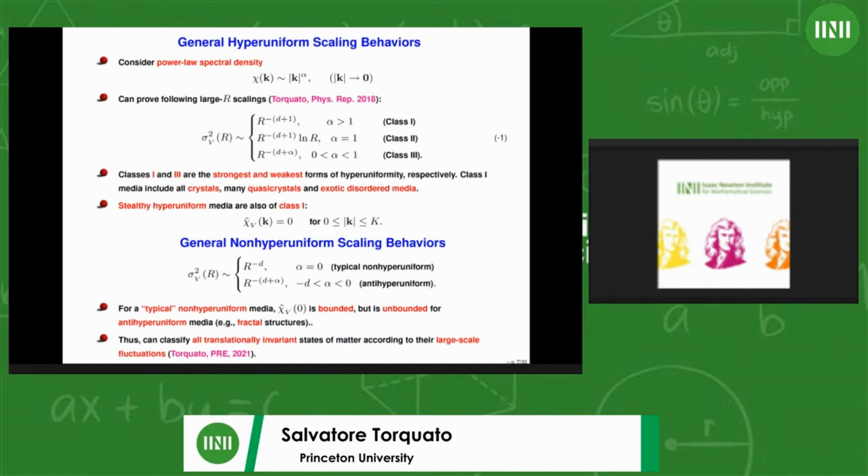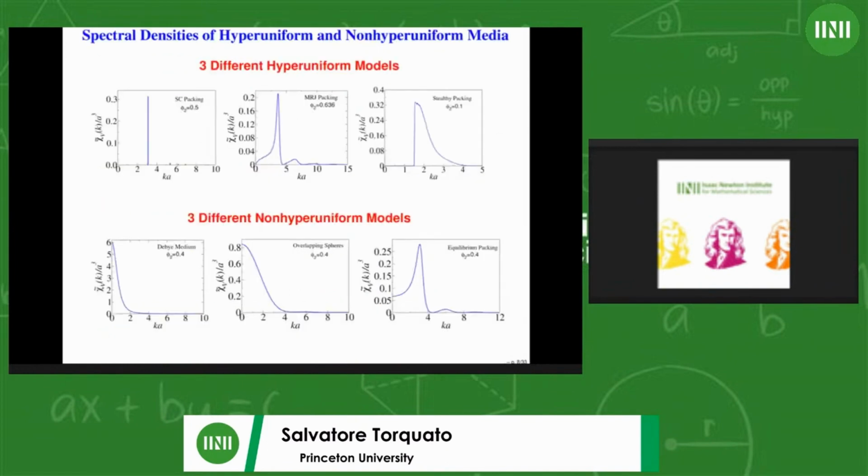So fractal structures would be considered to be exactly anti-hyperuniform. Therefore, you can think of this as a way of classifying all translationally invariant states of matter according to their large-scale fluctuations.